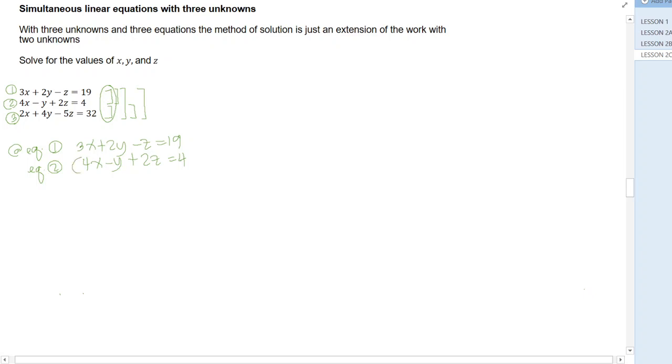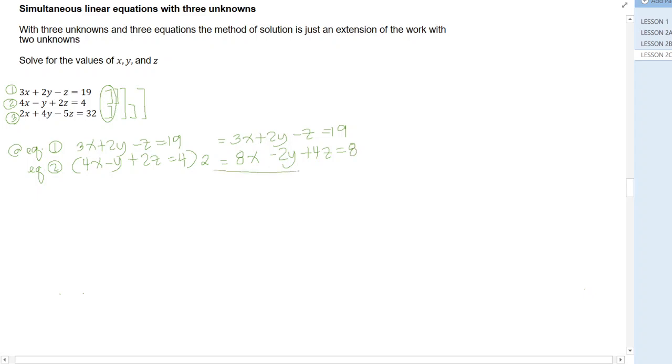Let me just rewrite that: 3x plus 2y minus z is equal to 19. Multiplying equation 2 by 2, it becomes 8x minus 2y plus 4z is equal to 8.